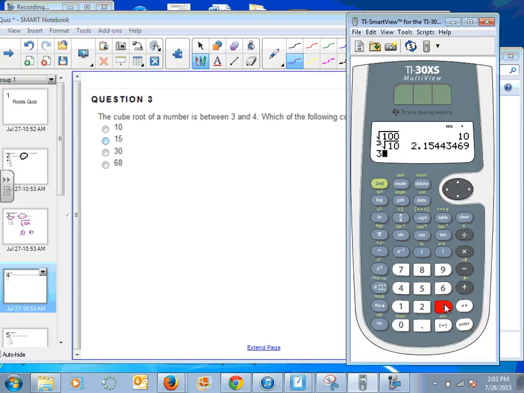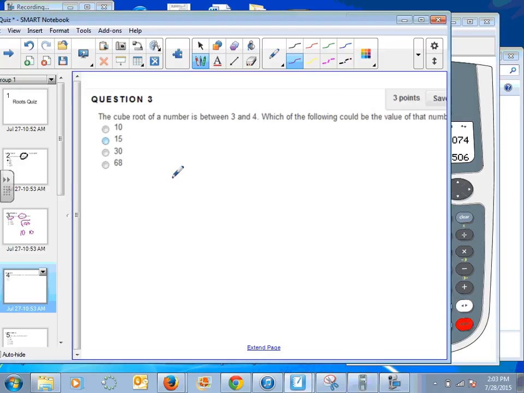Let's go to the third root of 15. Cube root of 15 is 2.46. No, we're still trying to get between 3 and 4. Third root of 30 is 3.1, and 3.1 is between 3 and 4, so there we go.